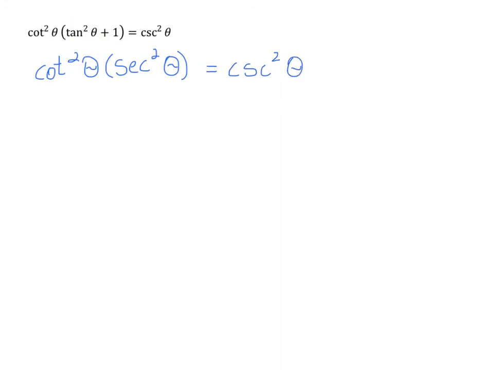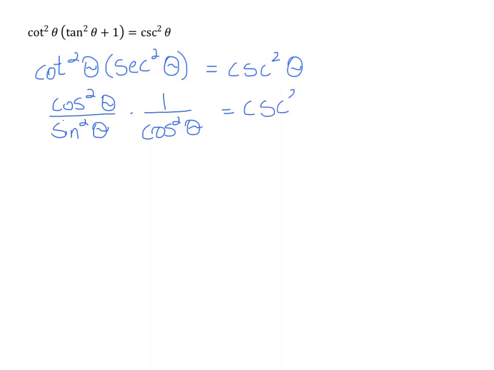Now, I'm going to rewrite both of these in terms of sine and cosine. Cotangent squared becomes the cosine squared of theta over the sine squared of theta. And the secant squared of theta becomes 1 over the cosine squared of theta. And I'm still proving that that's equal to the cosecant squared of theta.